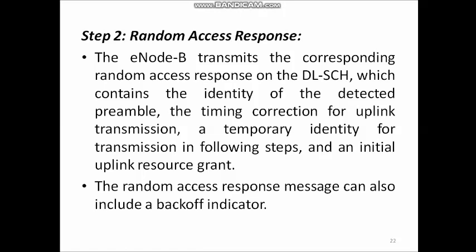So, various parameters are sent in the random access response, and the message can also include a back off indicator. This back off indicator informs the user equipment to back off for a specified amount of time before making another random access attempt.